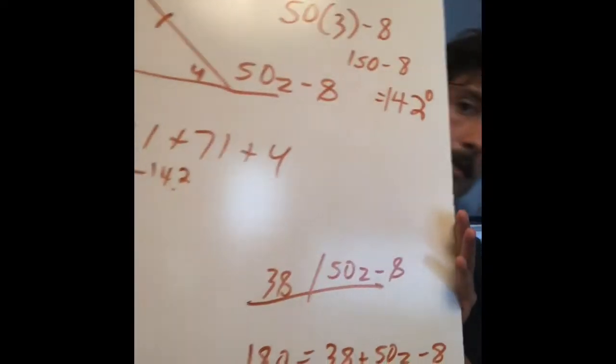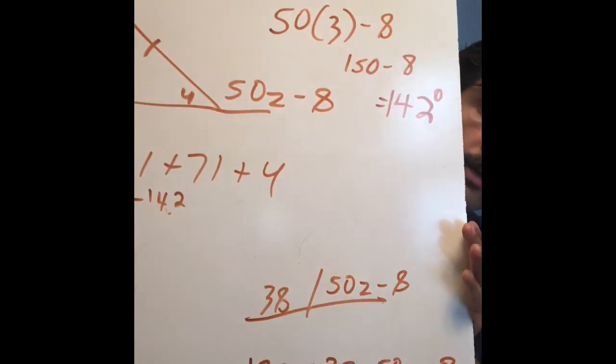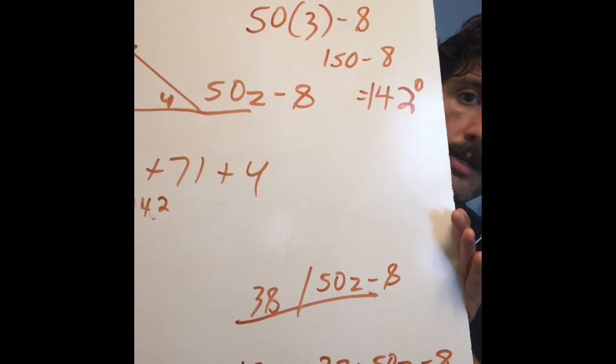Now I can go back and figure out all my angles. So I have 71 for x, I have 38 for y, and the angle on the exterior is 50 times 3 minus 8, which is 150 minus 8, which is equal to 142 degrees. 142 and 38 should add up to 180 if I did it right.